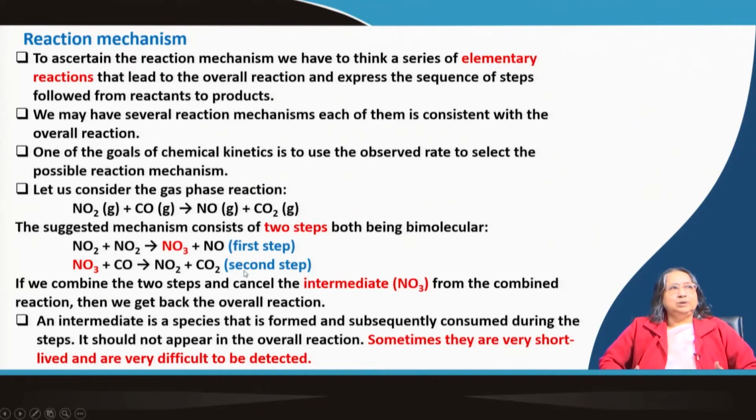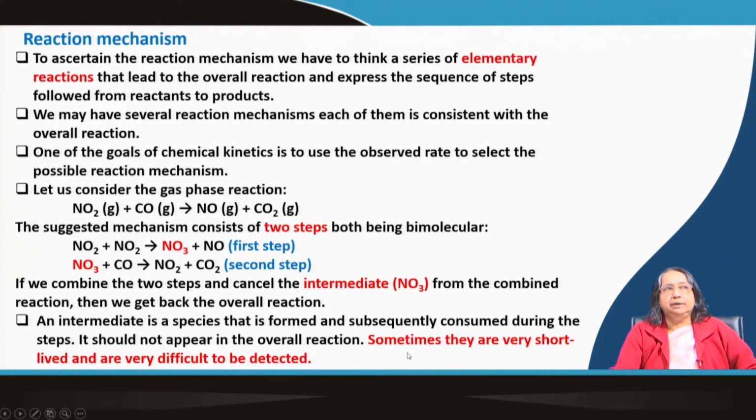So, when you write a combination of elementary reactions for an actual reaction, keep in mind that you may produce some intermediate, but the intermediate should not be there anymore in the balanced equation. It should be consumed. An intermediate is a species that is formed and subsequently consumed during the steps. It should not appear in the overall reaction.